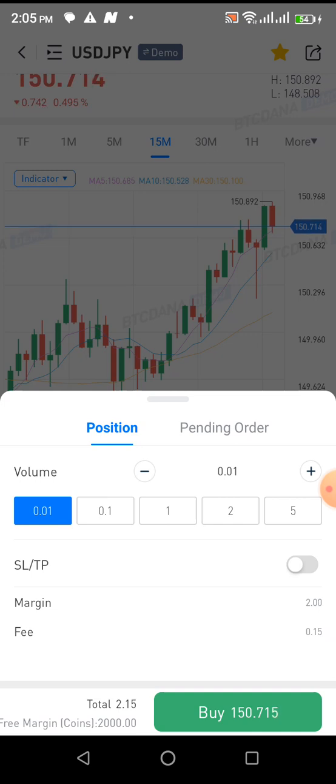But for money management, please always set your stop loss. Don't follow me. Me, I can withstand it. I'm a risk taker. But as a beginner, please use your stop loss. So that's the difference between them.